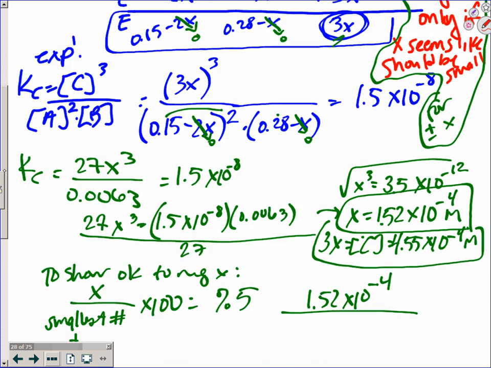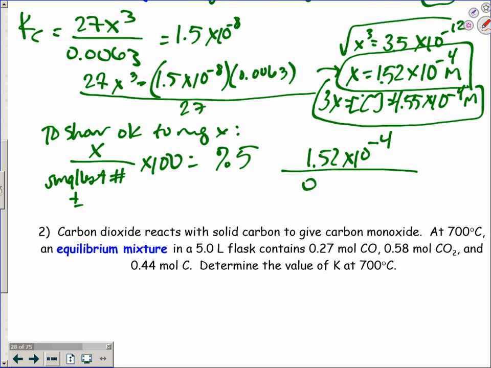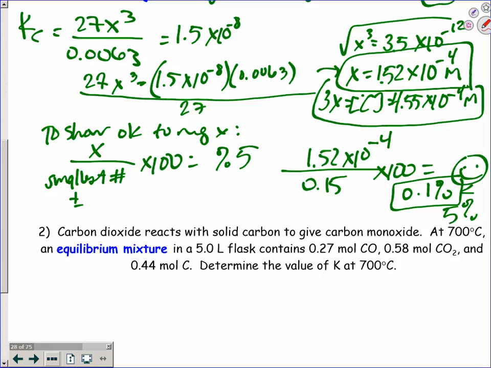So it's 0.15 times 100. What percent is that? 0.1%. Is that smaller or greater than 5%? A lot smaller. So yes, this is smaller than 5%. So you are good to neglect x.